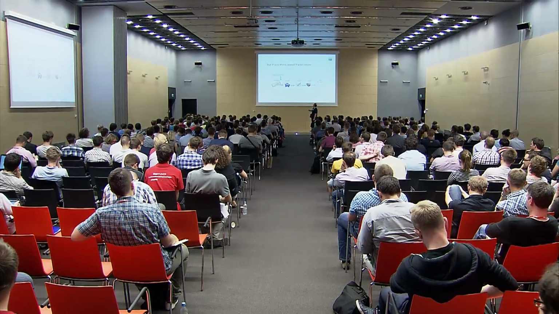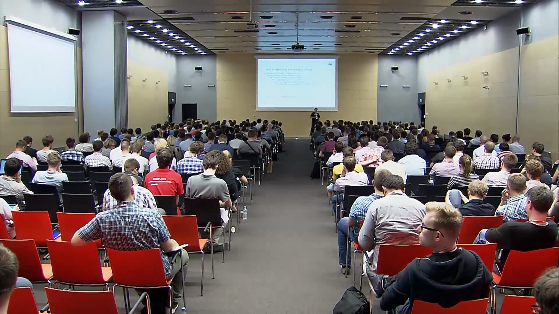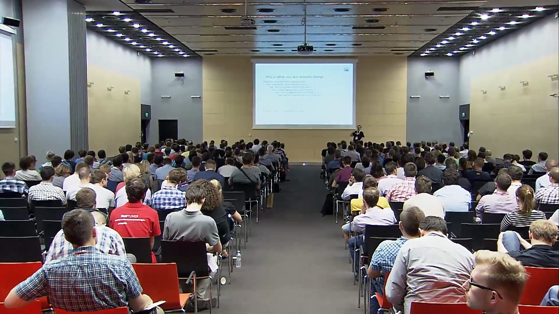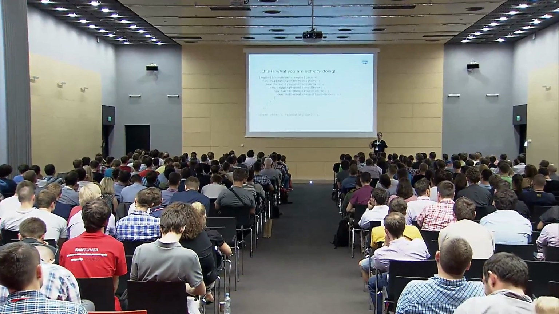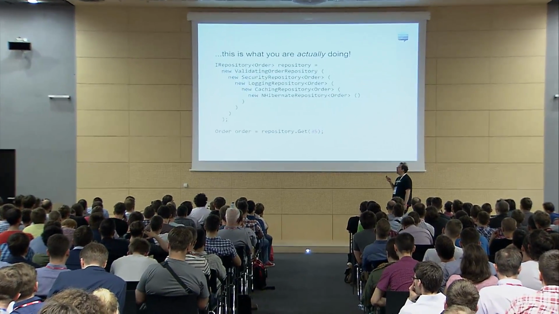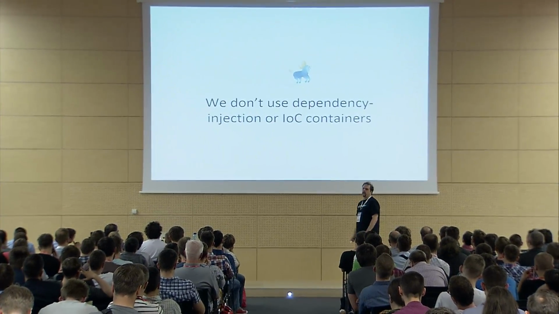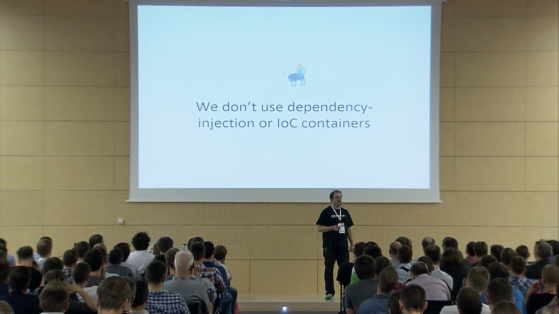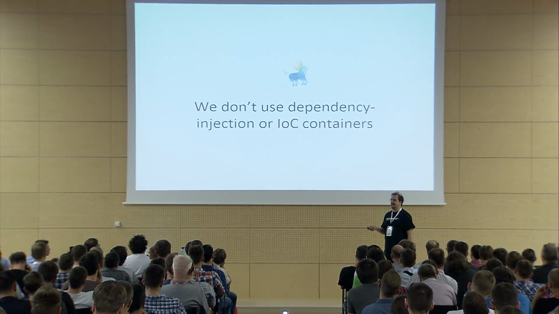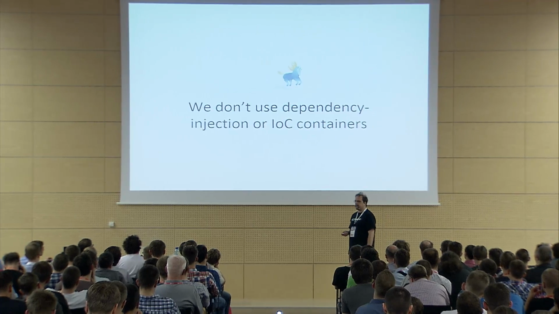So in practice, this is what gets executed at runtime. It's a series of different objects, one created, nested inside the other, or dependent on the other. So this is really, really bad for a garbage collector. So we don't do dependency injection. We cannot use IOC containers. That would be like playing really badly with our system.